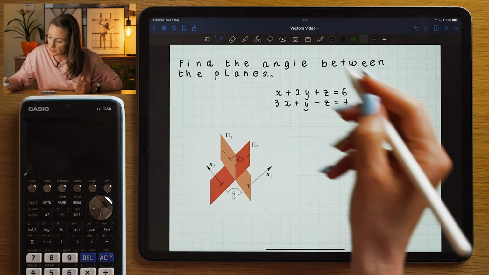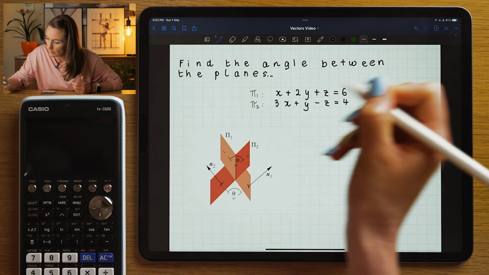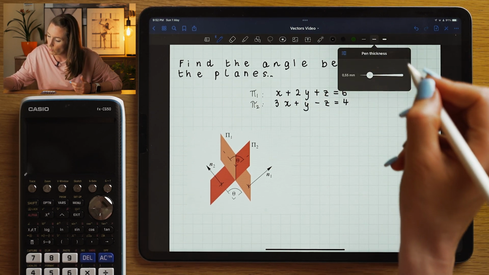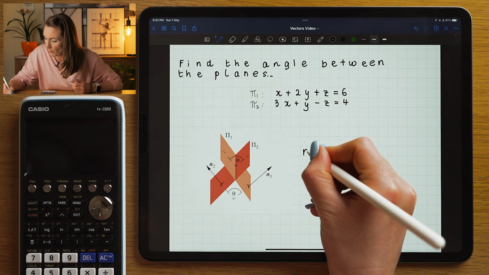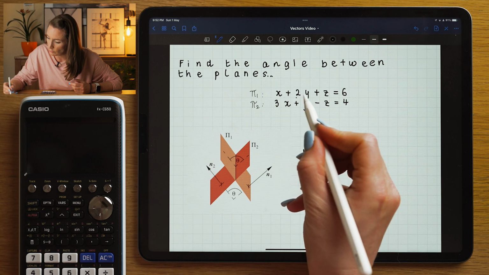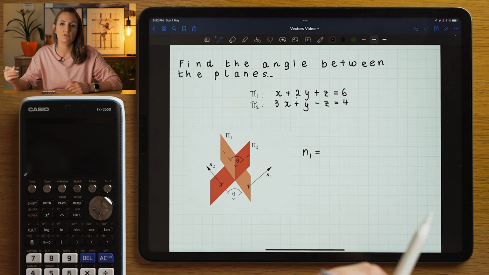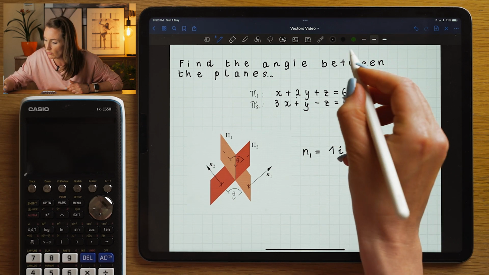So the first question is, if this is, for example, pi 1 and this is pi 2, pi is typically used for planes, what are the normals to the planes? Well, the normal to pi 1, let's call that normal 1, would have to be (1, 2, 1). Remember, if you know what the equation of a plane is, you should be able to see what its normal vector is. It'll follow the coefficients.